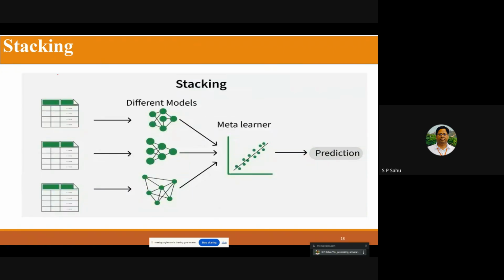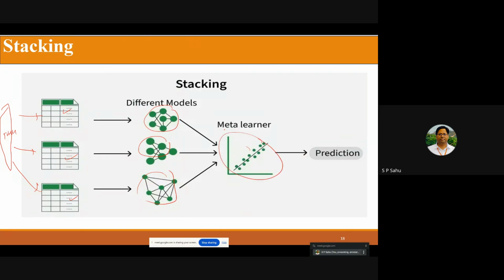Here you can see the illustration. We will have a data set, different data sets, meaning data chunks, out of the total sample or total population. The data is split into 3 parts with repetition allowed, and then this split data is applied to different models, and then the meta learner.